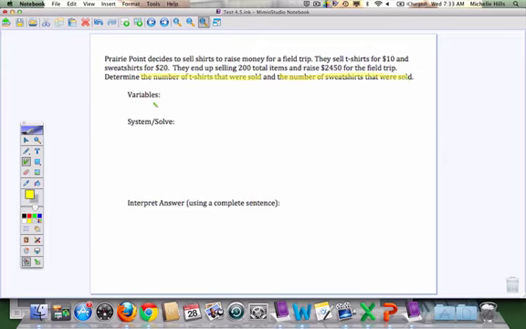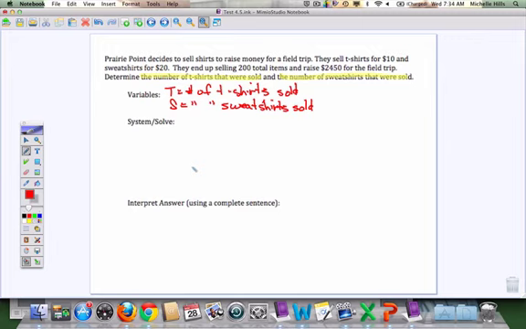So I'm going to use a capital T for the number of t-shirts sold. And I'm going to use an S for the number of sweatshirts sold.